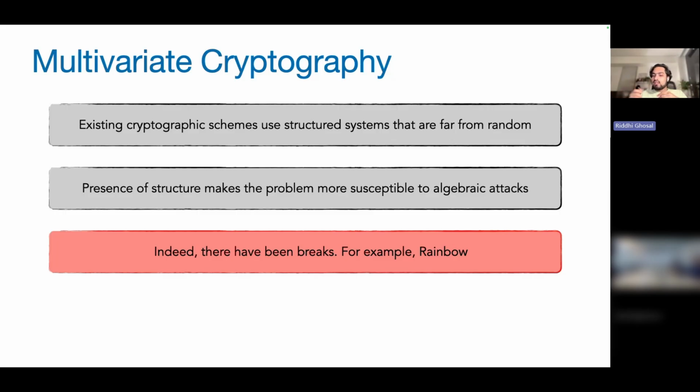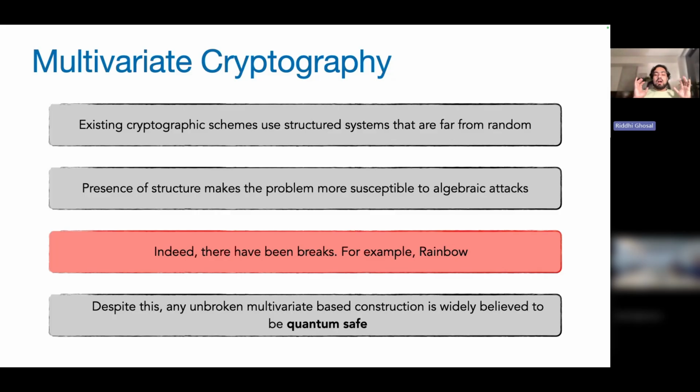So what this is telling us is that although there are candidates that we keep using and we believe are potentially post-quantum secure, there is probably a gap here, right? And what might be slightly more concerning is that the common belief in our community is that if there is a multivariate based construction that is not broken classically, then that's likely to be quantum safe as well.